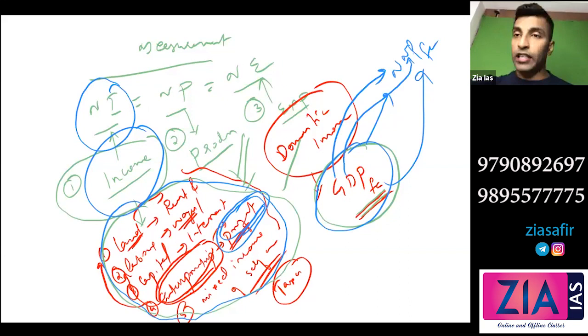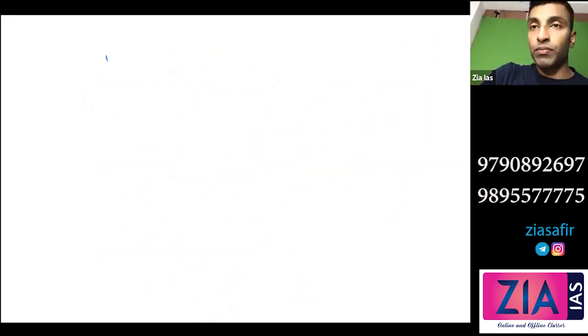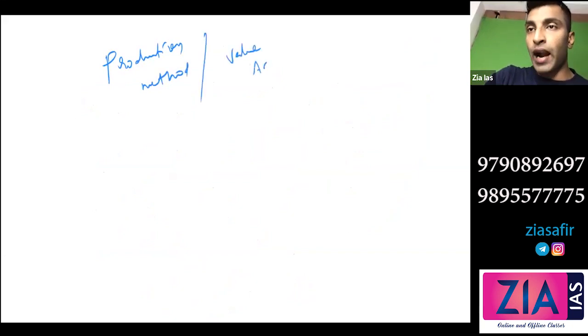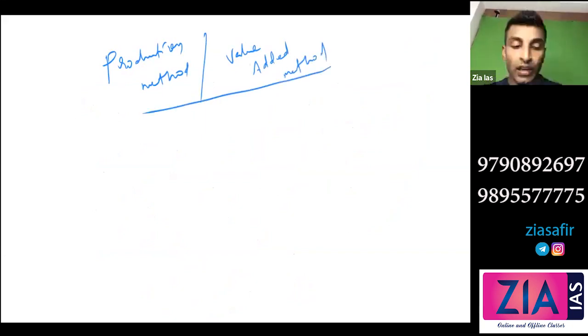Okay, next method you can write. The next method is the production method, or value added method. Just write one line over there.